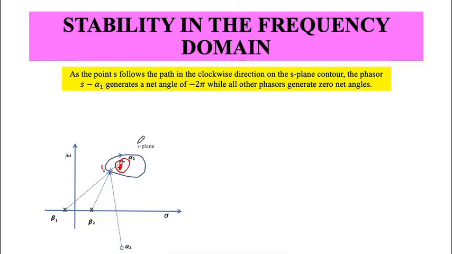Looking at this particular phasor, what does it do? It has to rotate all the way and come back, so it generates a net angle of 2 pi, because the positive angle we measure as anti-clockwise. Positive means anti-clockwise.